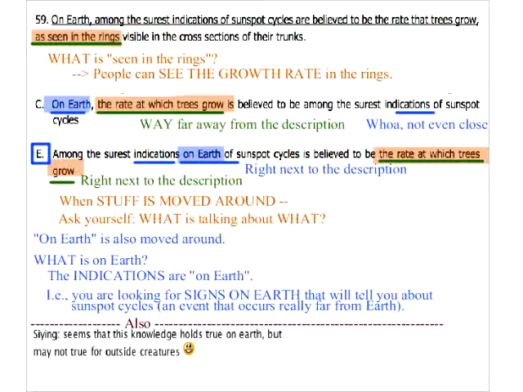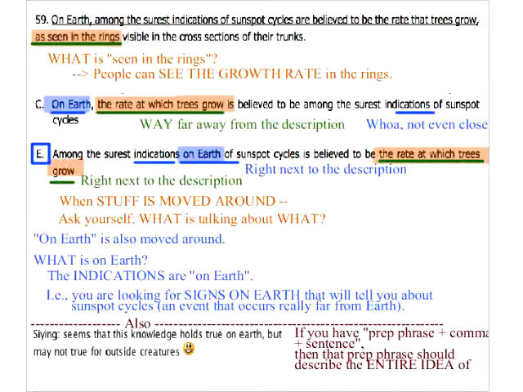In choice C, right. If you have prep phrase plus comma plus sentence, then that prep phrase should describe the entire sentence, like the entire idea of the sentence. So this is really, really important.